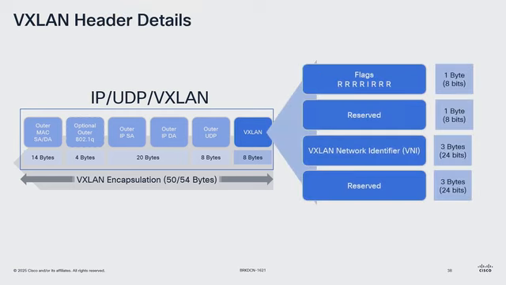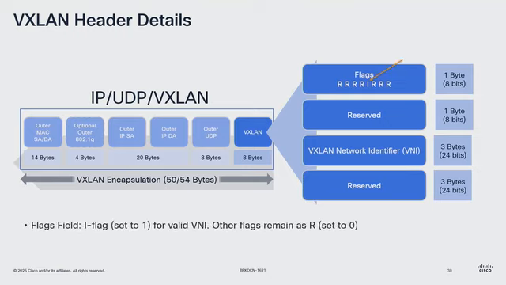Now, if you look at the VXLAN header, and if we got a magnifying glass to see what's in this header that makes it so unique, it's really only two important pieces. What you're going to see here is what they call the I flag, and then you have the VNI.